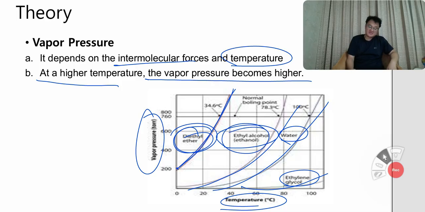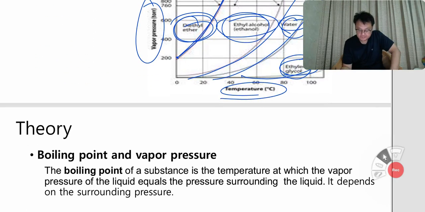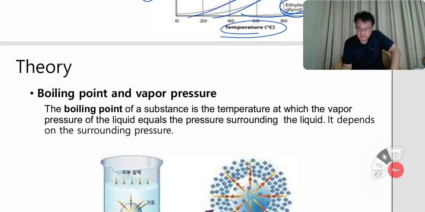Ethanol is next, and water shows substantially high intermolecular force, due to the hydrogen bonding. It shows a lower vapor pressure. Ethylene glycol shows the lowest vapor pressure, with the highest intermolecular force among these four substances.